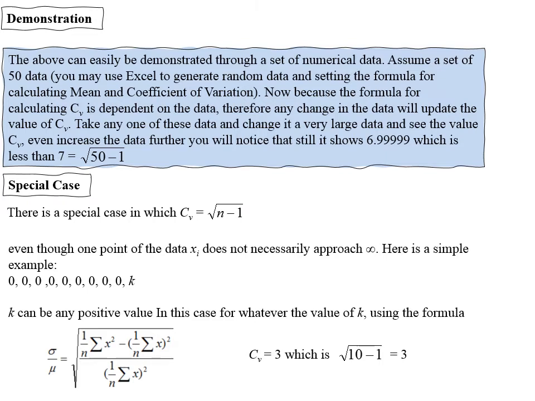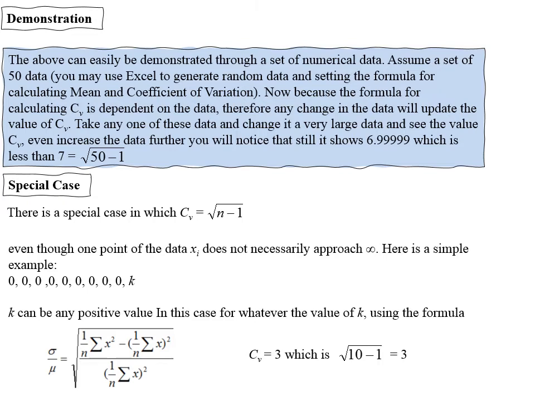So it is always less than 7, unless one data element approaches infinity. There is a special case, even regardless of approaching infinity, which is interesting, in which the coefficient of variation is exactly equal to the square root of n minus 1.